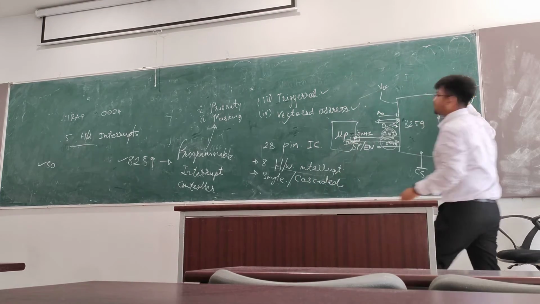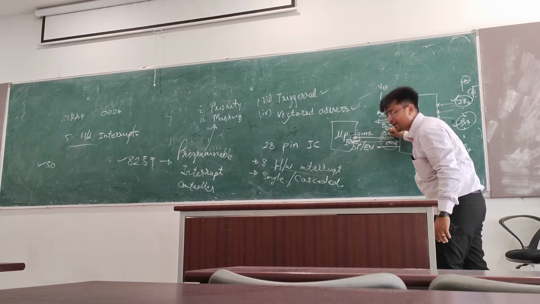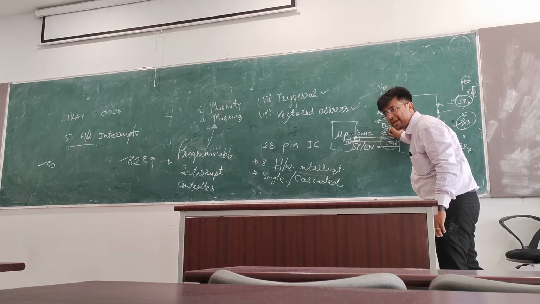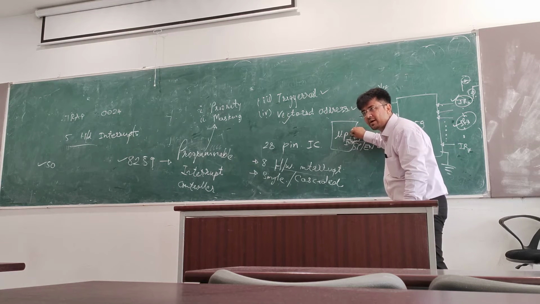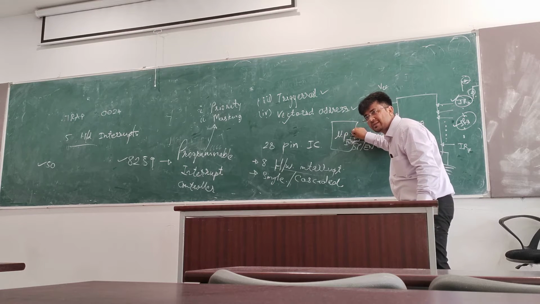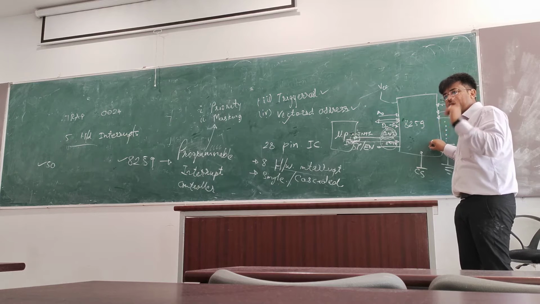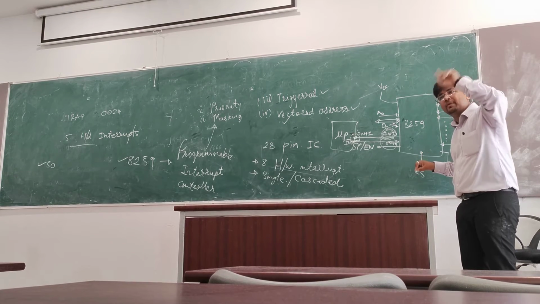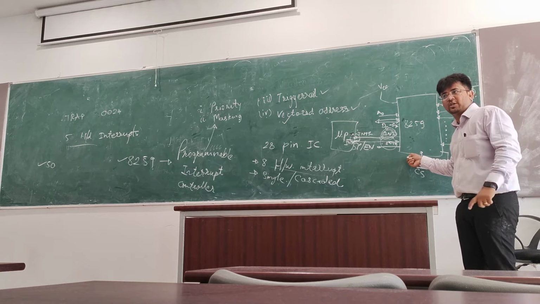Consider IR0 is provided as an interrupt. The same thing happens: the interrupt pin will be 1, which will make the interrupt request available here. The interrupt request, once received, will be acknowledged by interrupt acknowledgement bar. It will be 0. Making it 0 enables the acknowledgement.